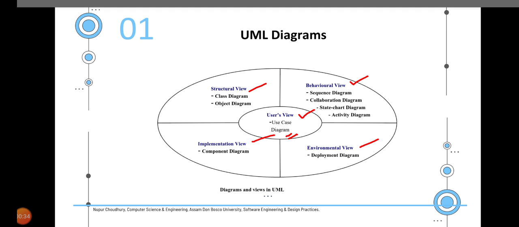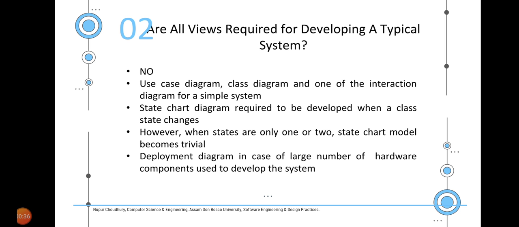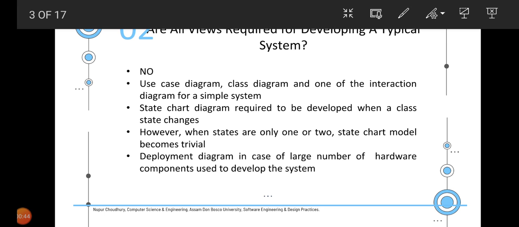However, before we go deep into these UML diagrams, we have to identify if all the views are required for developing a typical system. The answer is no. We do not need to implement all the diagrams in order to represent a system.